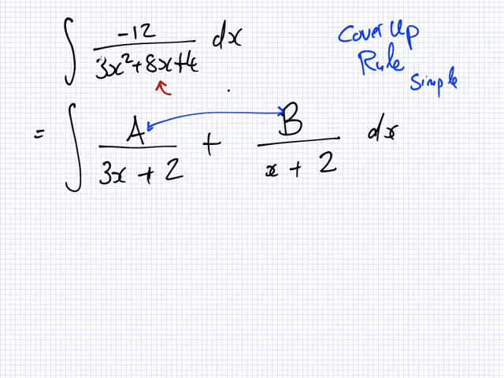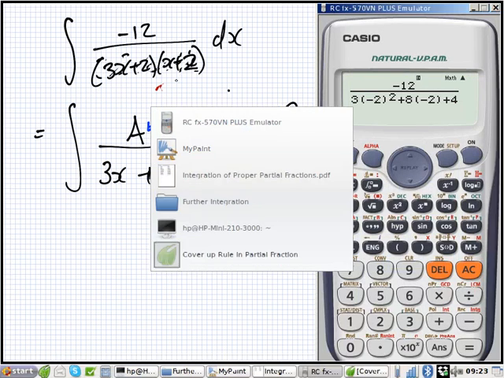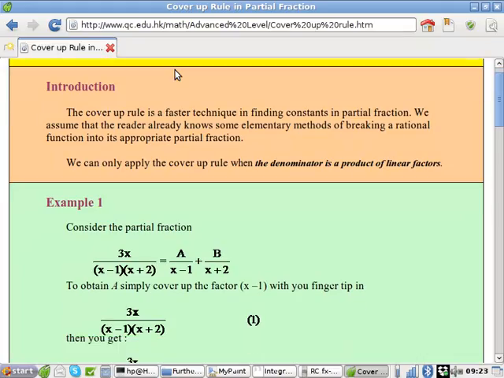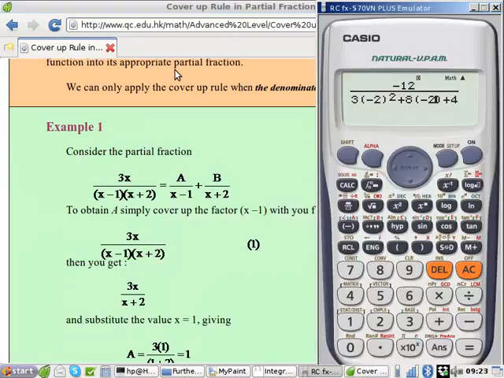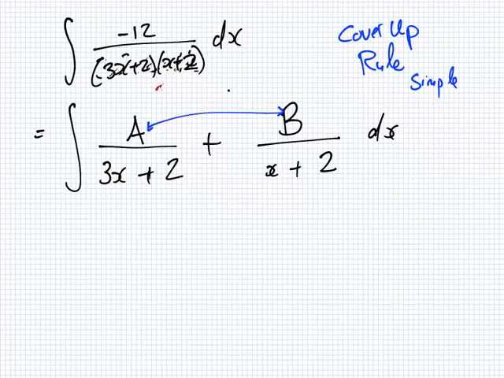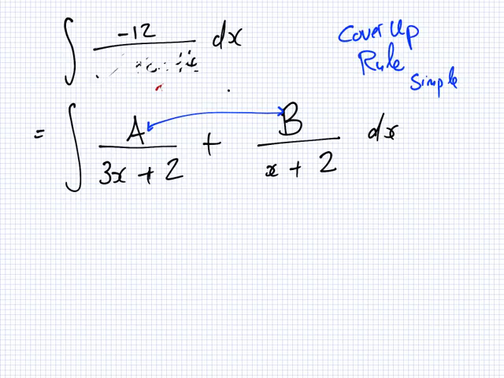What you do, let me just factorize this first. 3x plus 2, x plus 2. That's a bit messy, sorry. Okay, try again. 3x plus 2, x plus 2.